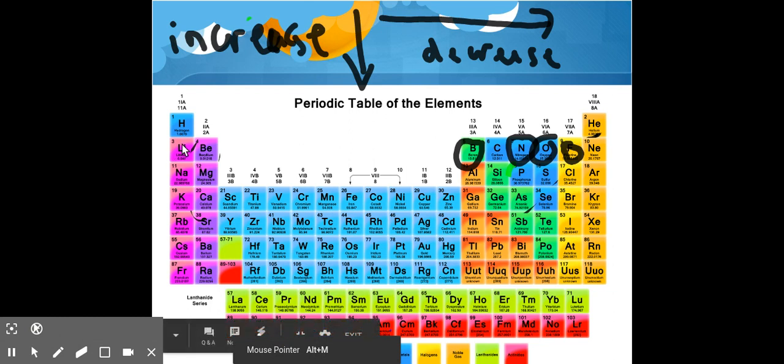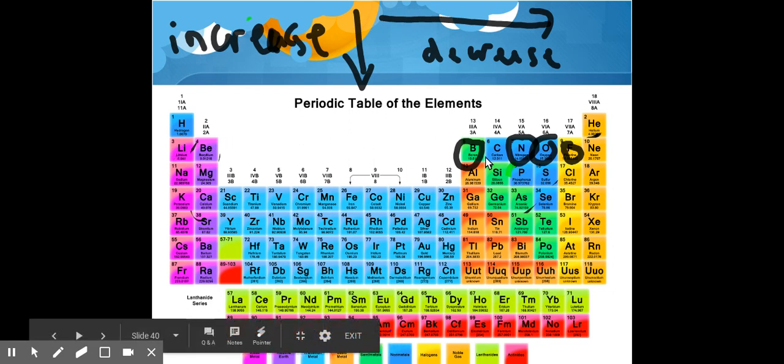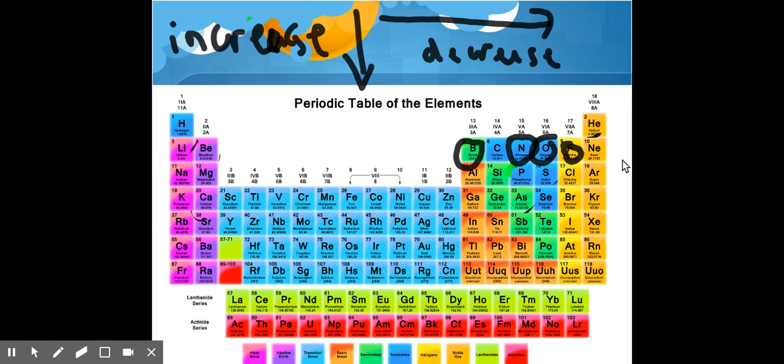Well, we know that as we go across a period, we are adding more electrons to the same energy level, and the nucleus is becoming more positive, so it's pulling those electron shells in tighter. So it's decreasing as we go across. That means that boron would be the largest, and fluorine would be the smallest.